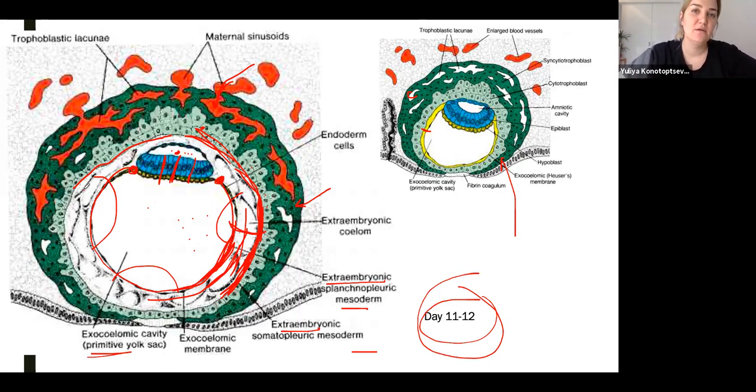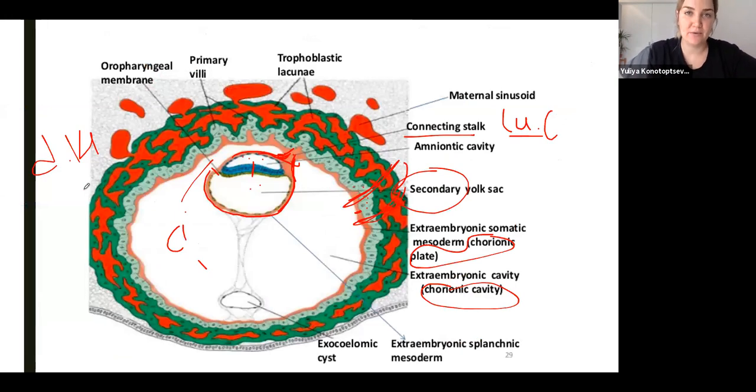So what do we need to do? We need to repair it. How can I repair it? I'm going to send cells of the hypoblast. You're going to see that some cells of the hypoblast detach. They start to migrate around the wall of the yolk sac and patch it up. They just make an additional layer in the yolk sac.